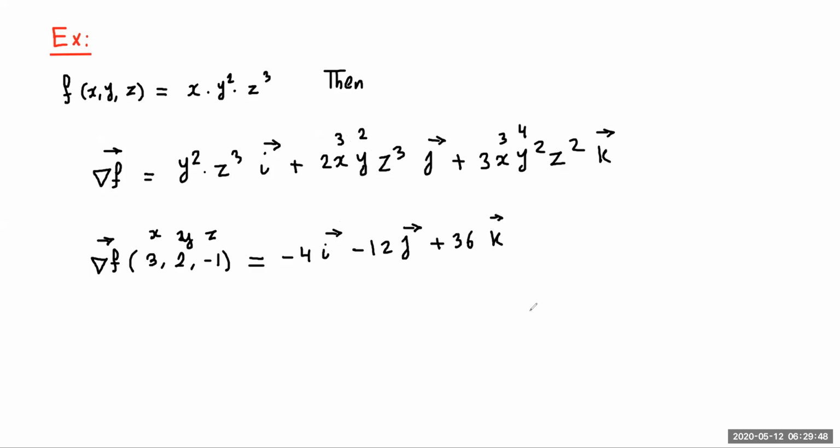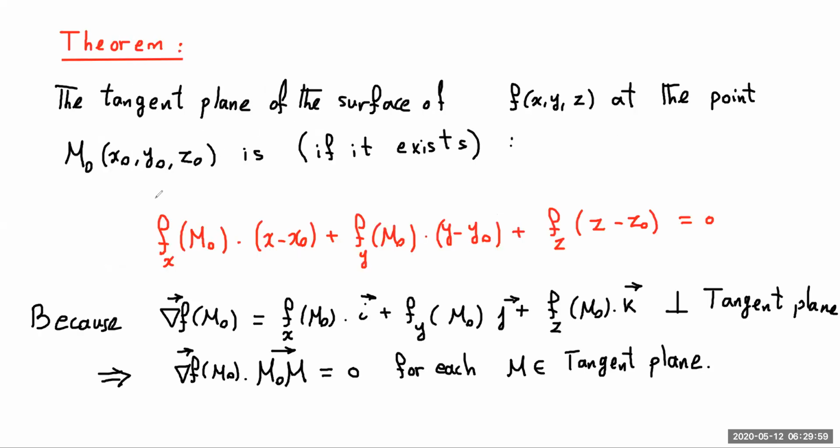Okay. Now, how can we use this vector, the gradient, in the applications of functions of several variables? We can use it to find the tangent plane of the surface of a given function. So, theorem. The tangent plane of the surface of the function f(x, y, z) equal to a constant.